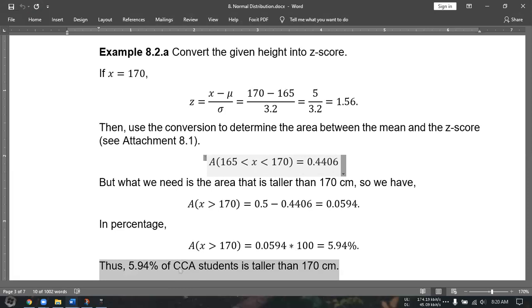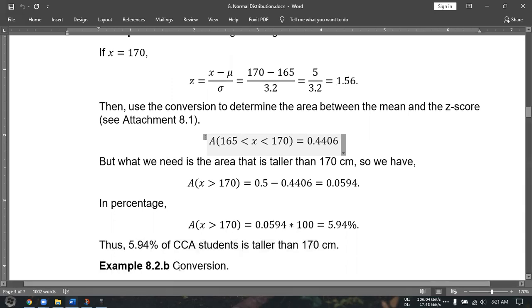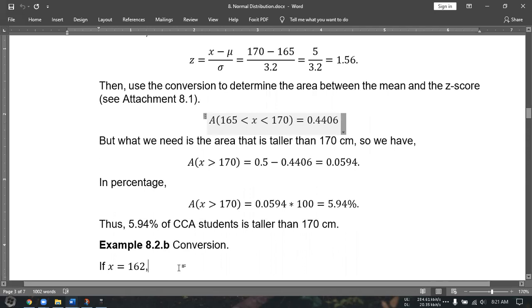Let me repeat the 5 steps. First, conversion. Second, illustration. Third, the area from the mean. Fourth, your plan as to how to find the area of your shaded region. And then fifth, your conclusion. Letter B, we need taller than 162.